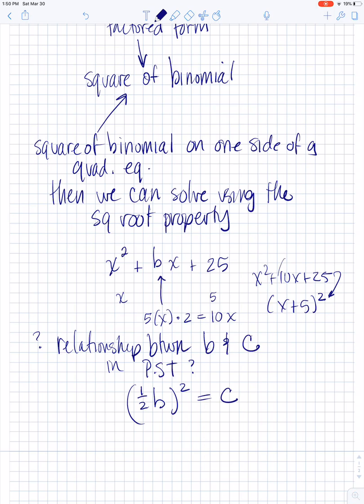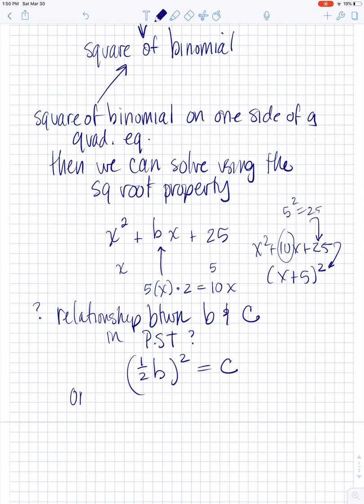In this case over here, 1/2 of b is 5, and 5 squared equals 25, and that equals c. This is, of course, only if the leading coefficient, which is a, is equal to 1. This is only in that case.